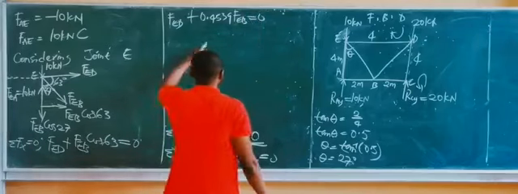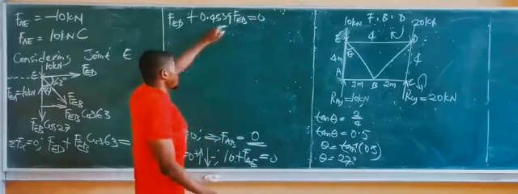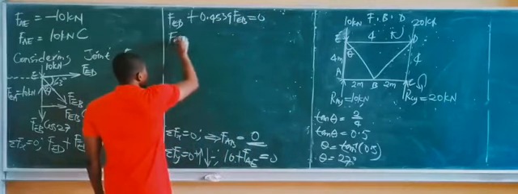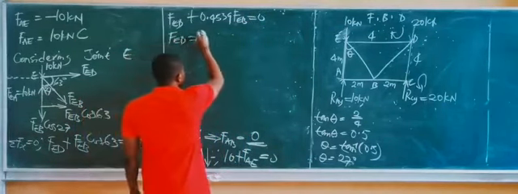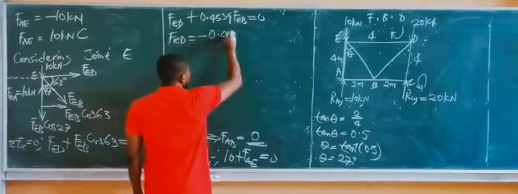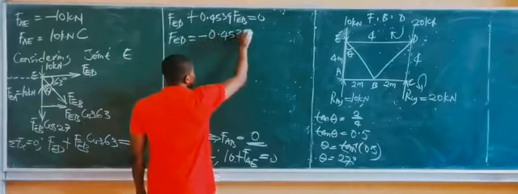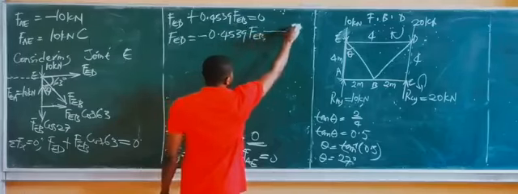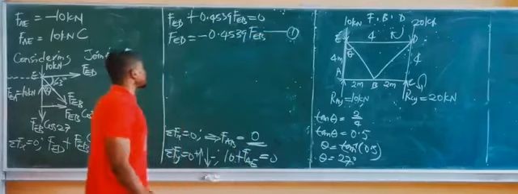So let me send 0.4539 FEB over to this side of the equation. I will simply have FEB equal to minus 0.4539 FEB. Call this equation 1 at point C.